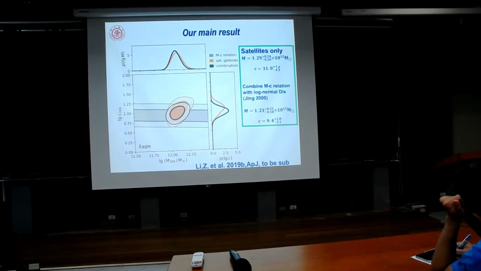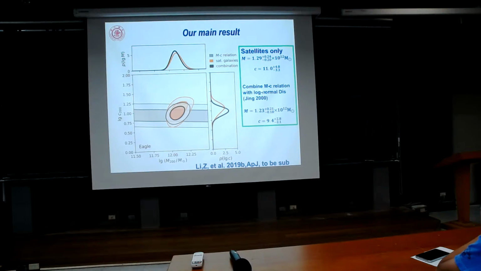Interestingly, from satellites only, we have about 1.3 times 10 to the 12 solar masses, with about 15 or 20% error. If we use the mass-concentration relation in the cosmology, then we can better constrain C, especially better constraints on C.